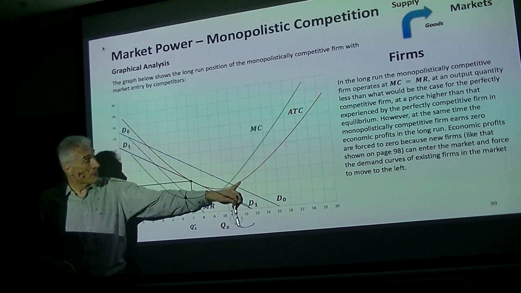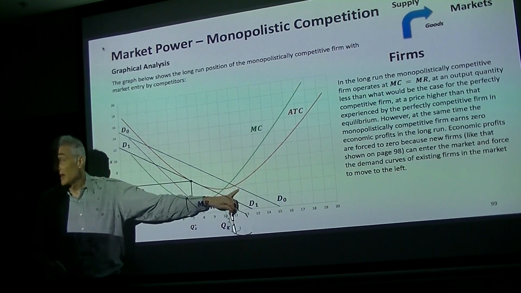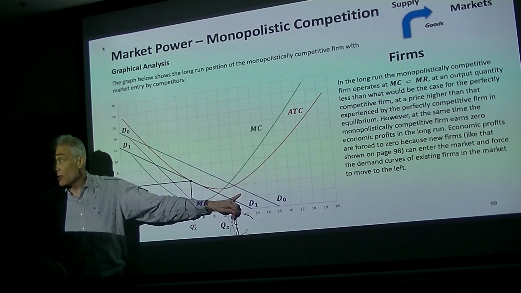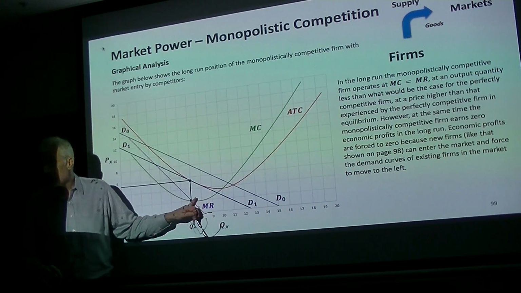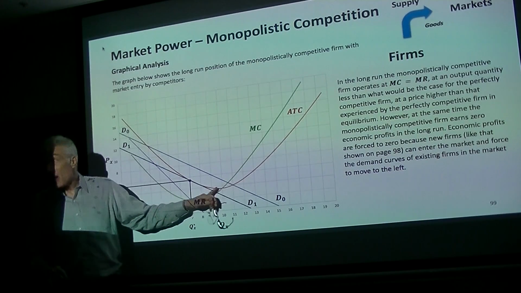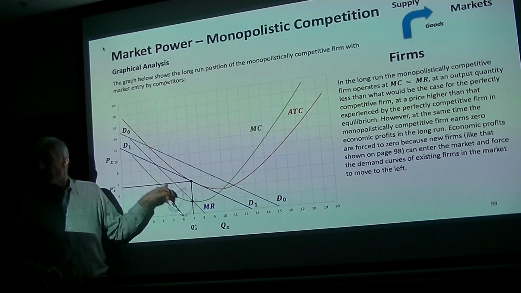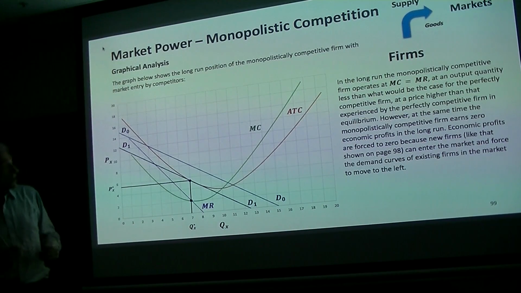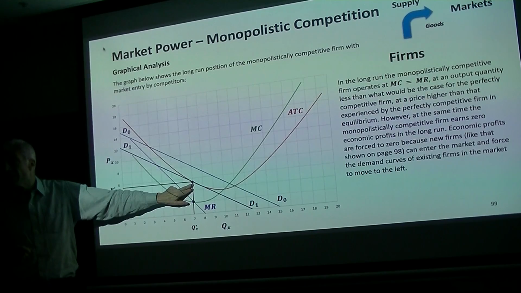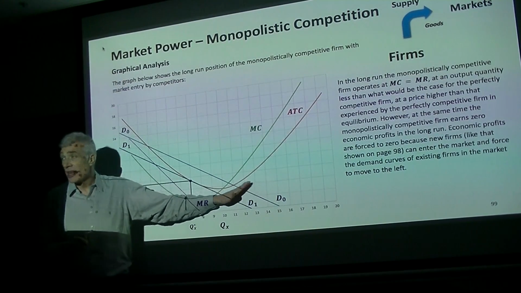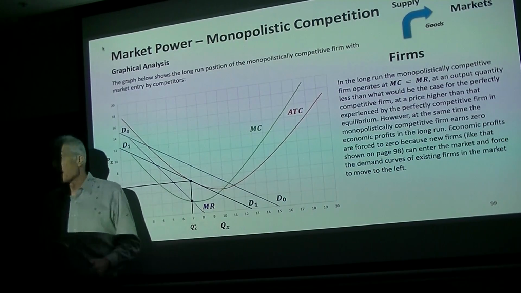The average cost might come somewhere here under perfect competition. What that means is that under monopolistic competition, there's less production, the output is lower. The firm is earning 0 profit where there's free market entry, but their output is lower for each firm than if they had perfect competition.